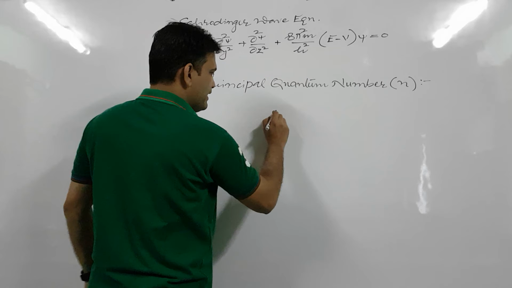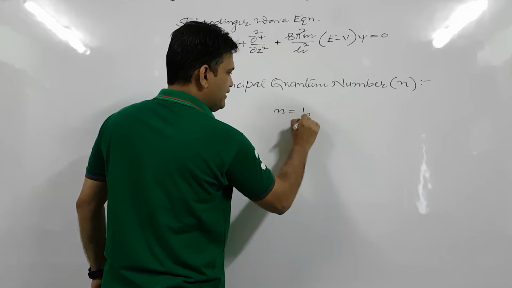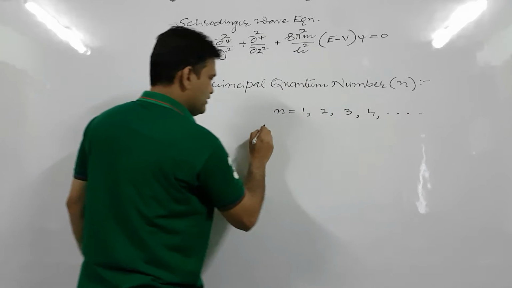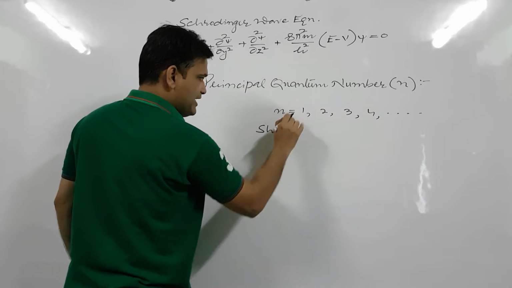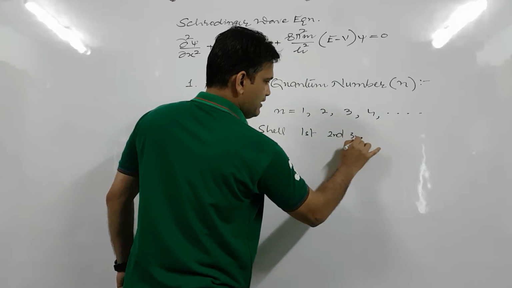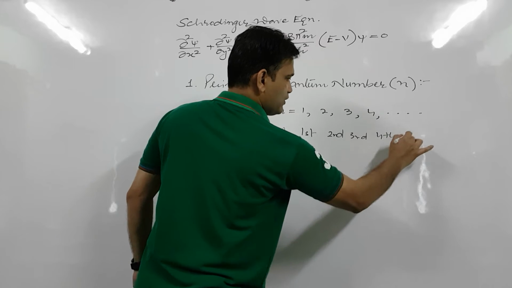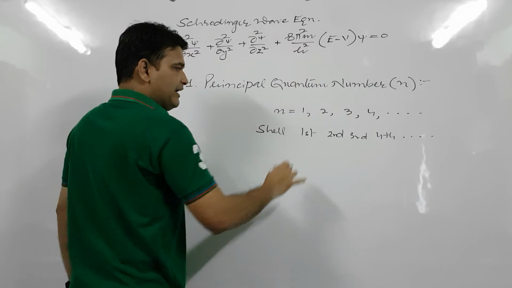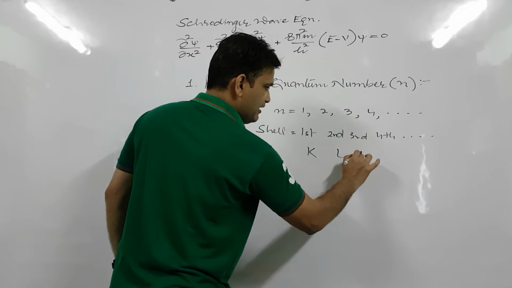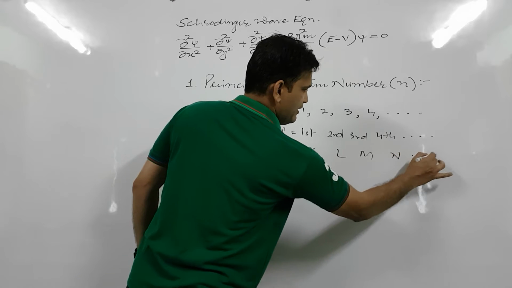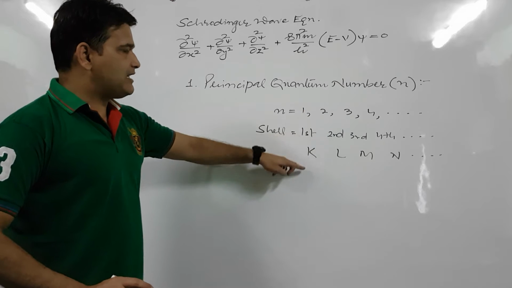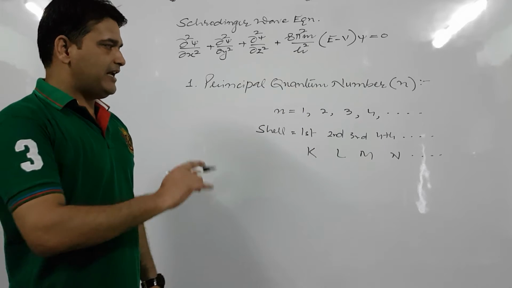For example, if n is equal to 1, 2, 3, 4 and so on, then shell will be first, second, third, fourth and so on. They may also be regarded as K shell, L shell, M shell, N and so on. So principal quantum number tells us about the shell of the electron.